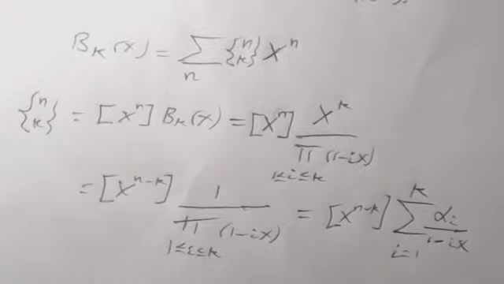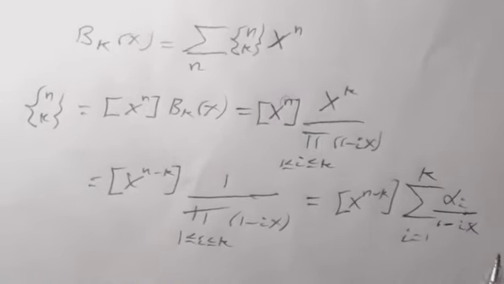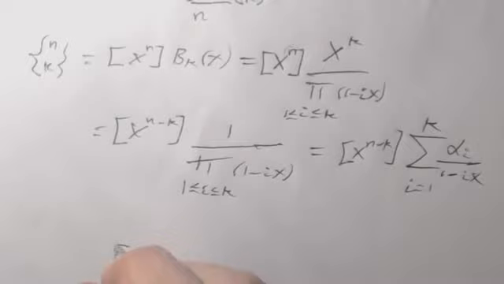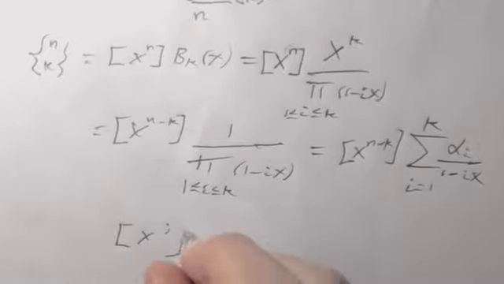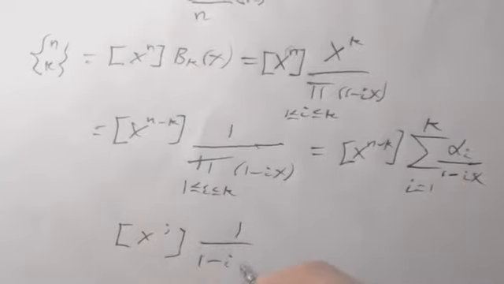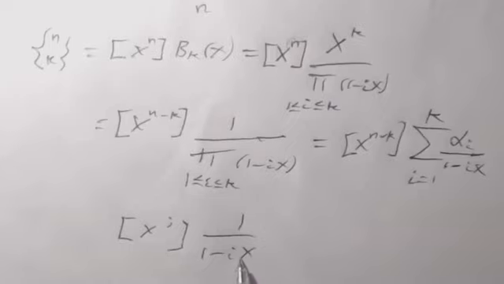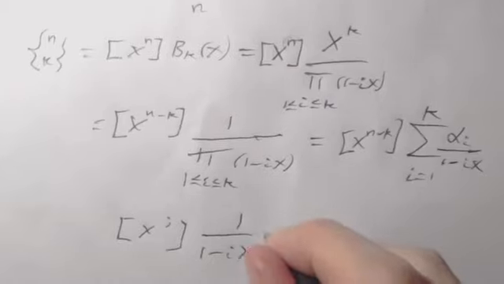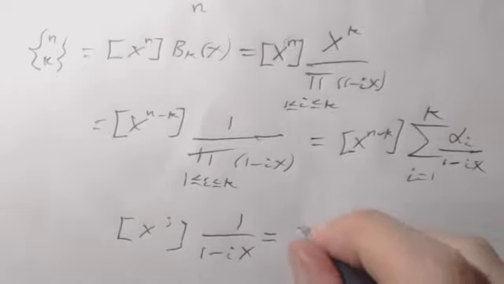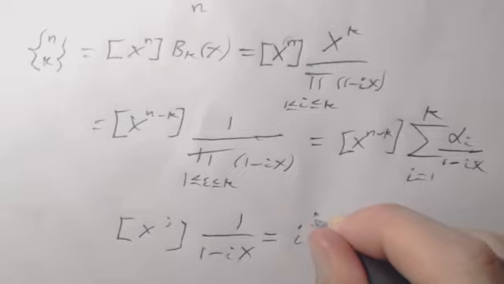So, and we know all about this sort of thing. The x to the j'th coefficient of 1 over 1 minus ix. Well, this thing here is a geometric series with ratio ix. So it's just going to be i to the j, I should imagine.